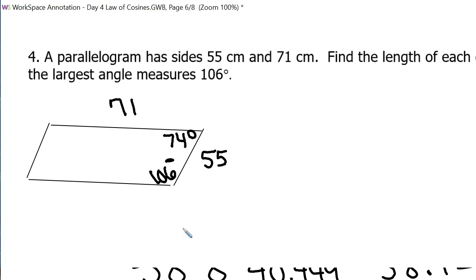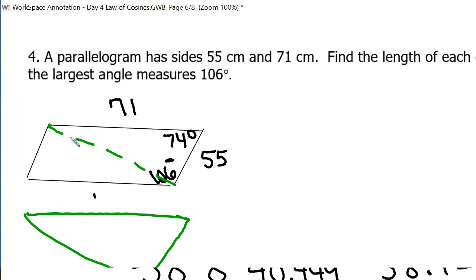Now they asked us to find the length of each diagonal. So diagonal number 1. We need to find the length of that line in green. Now, I'm going to go ahead and pull that triangle out. That way it's easier. So the top side is 71, right side is 55.